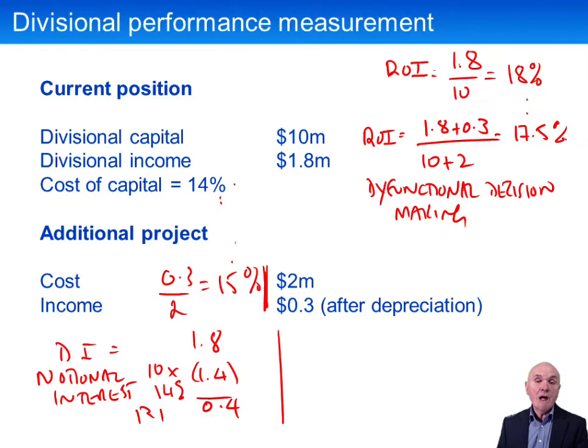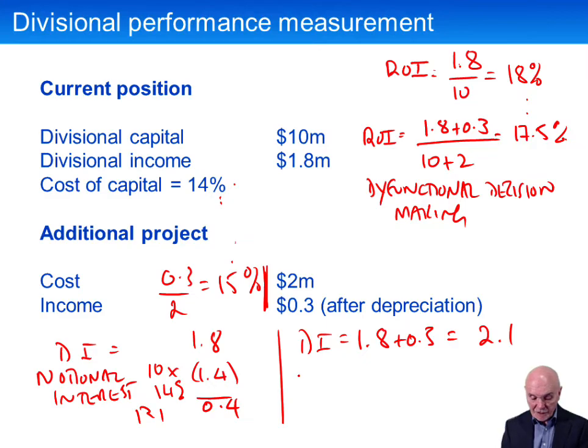What happens now if it takes on this proposed project? So the divisional income will now be the original 1.8 plus the new income 0.3, which is equal to 2.1.